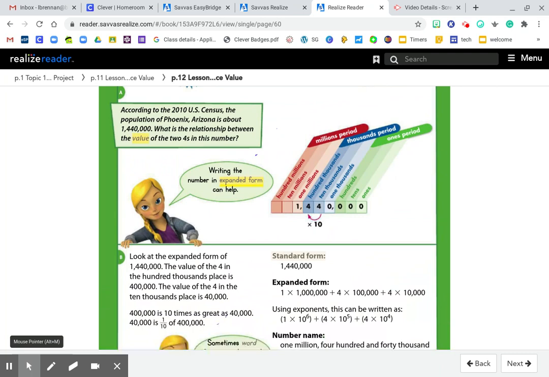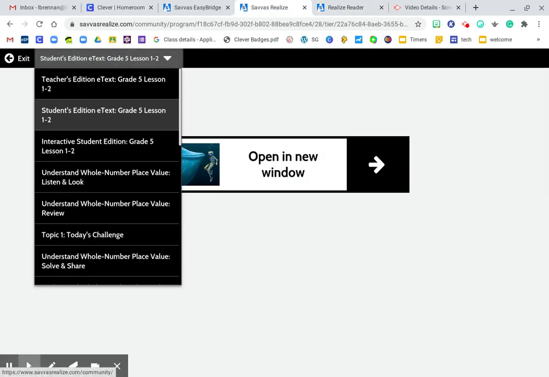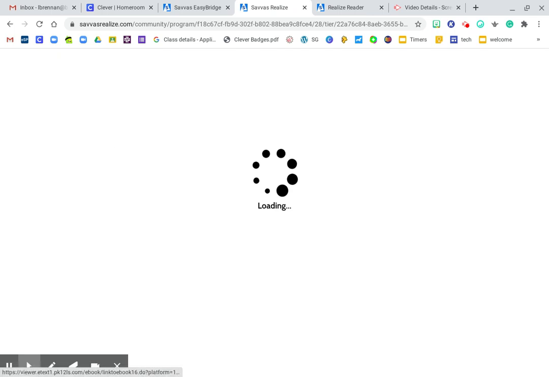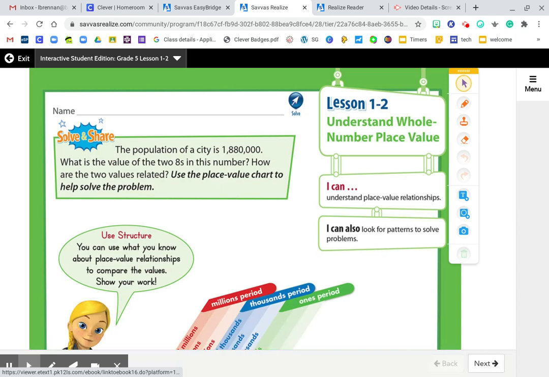According to the 2010 census, the population of Phoenix is about 1,440,000. What is the relationship between the value of the two fours in this number? If I were to look at this in my student interactive book, I was going to look at the same page.